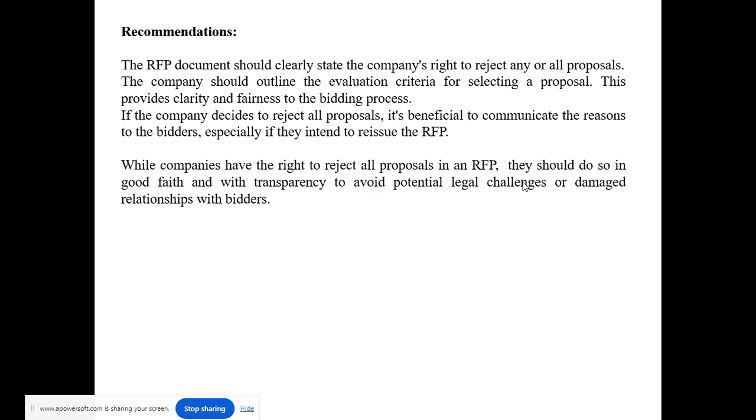If the company decides to reject all the proposals, it's beneficial to communicate the reasons to the bidders, especially if they intend to reissue the RFP. When the company has the right to reject all the proposals, they should do so in good faith and with transparency, to avoid further legal challenges or a broken relationship with the bidders.